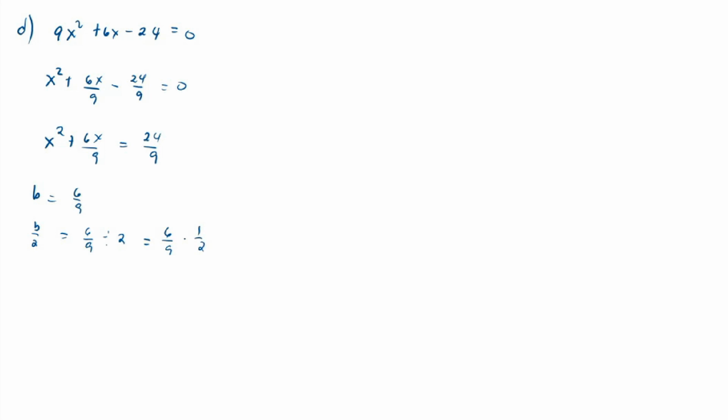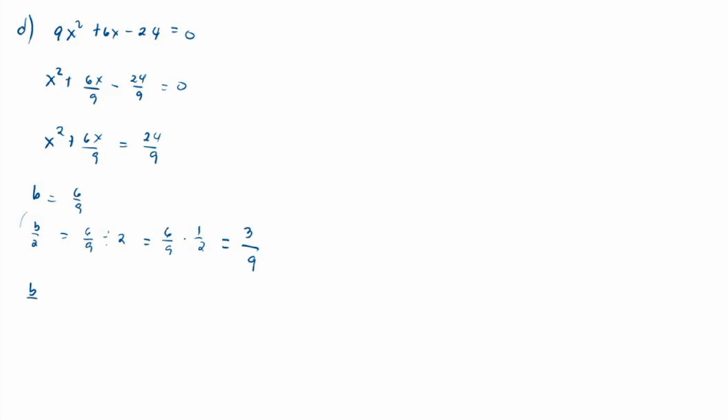We take the reciprocal of 2 to change the operation. So we have now the value of b over 2. Reducing this, 6 times 1 is 6 over 9 times 2 is 18. Or we can use cancellation: 6 divided by 2, so we have 3 over 9. So this is now the quotient for b over 2.